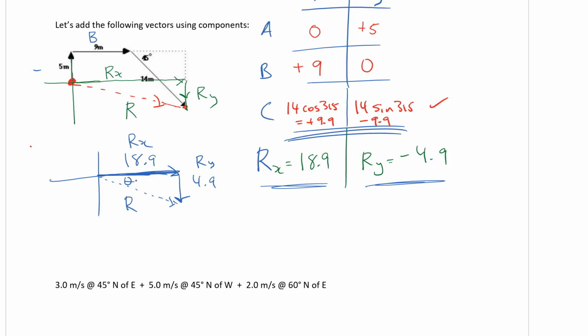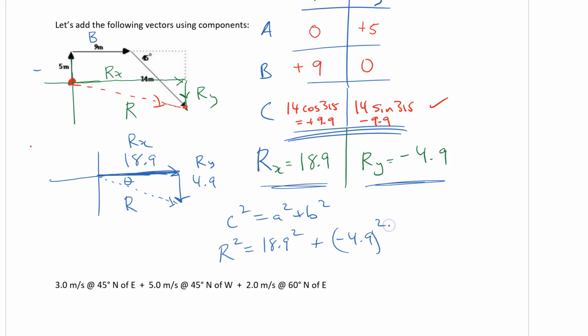We're going to use Pythagoras. So r is going to be equal to the square root of the x component squared. Well, here maybe I'll make it more familiar. I'll say c squared is equal to a squared plus b squared. So the resultant squared will be equal to, in this case, 18.9 squared plus negative 4.9 squared.